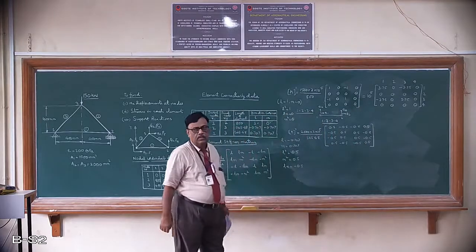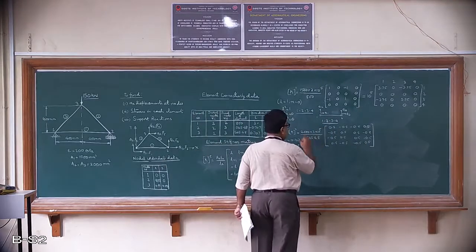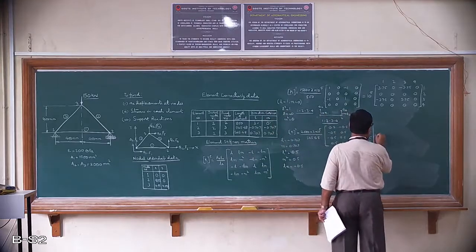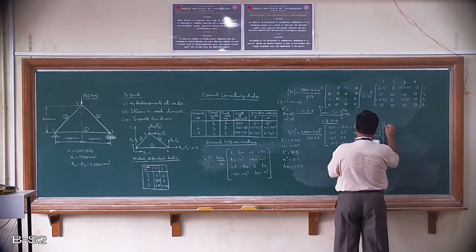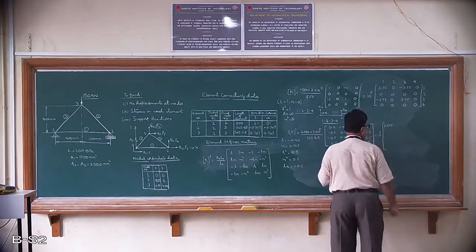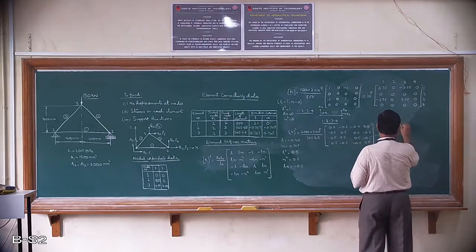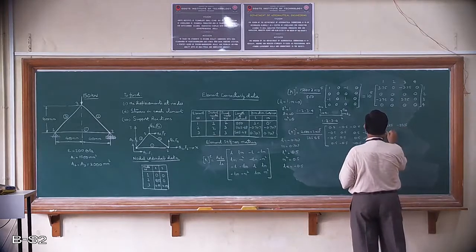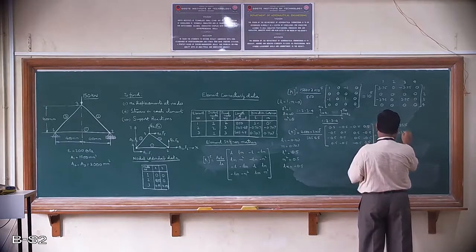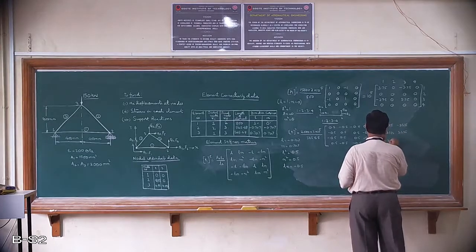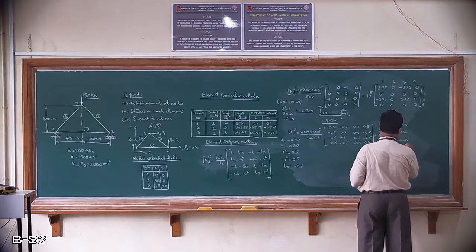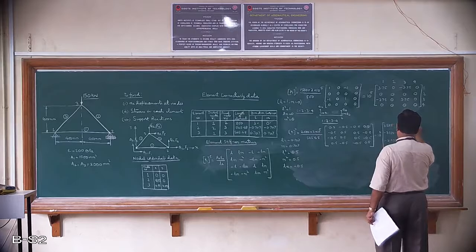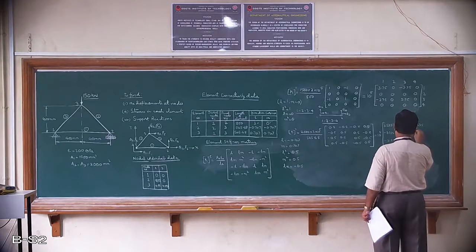Once you have substituted all this, you simplify and take the remaining part inside; this is going to be 10 raised to 5, and it comes out to be 3.535, minus 3.535, minus 3.535, 3.535, minus 3.535, 3.535, and so on.